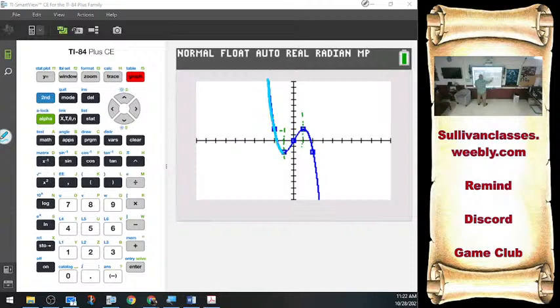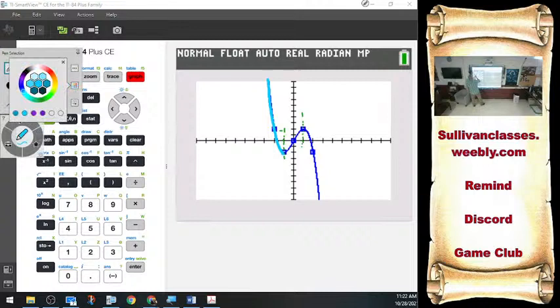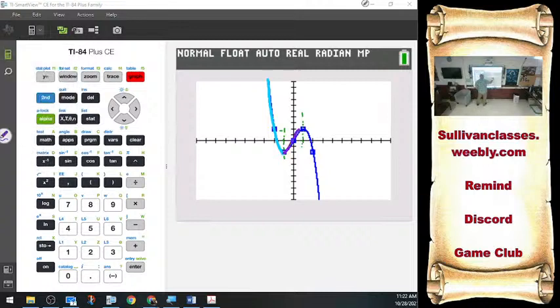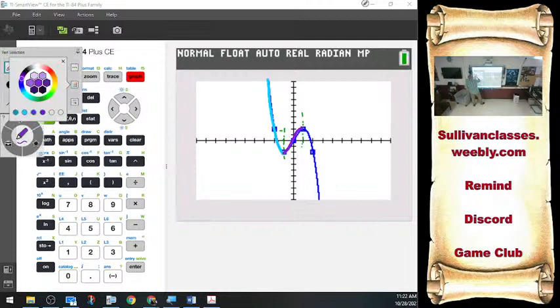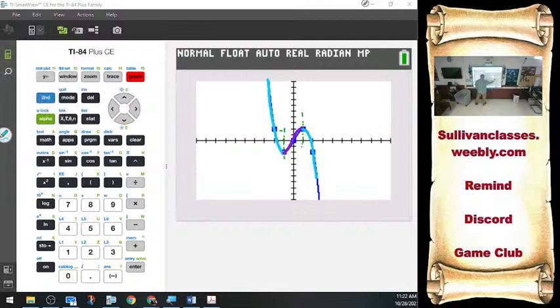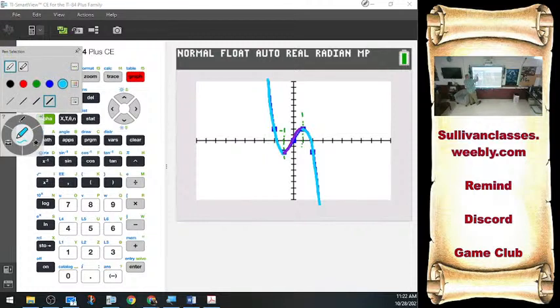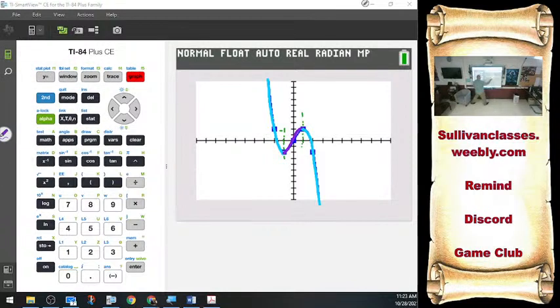Down, down, down, and then it's increasing, and then it's decreasing again. So when I state that as an interval, I'm going to say that this thing was increasing from -1 to 1. I state my lower boundary and my upper boundary. You're not looking at the y values. As x went from -1 to 1, the y's went up.